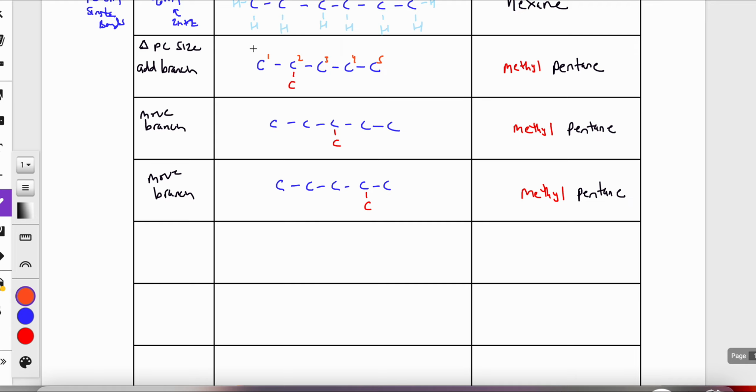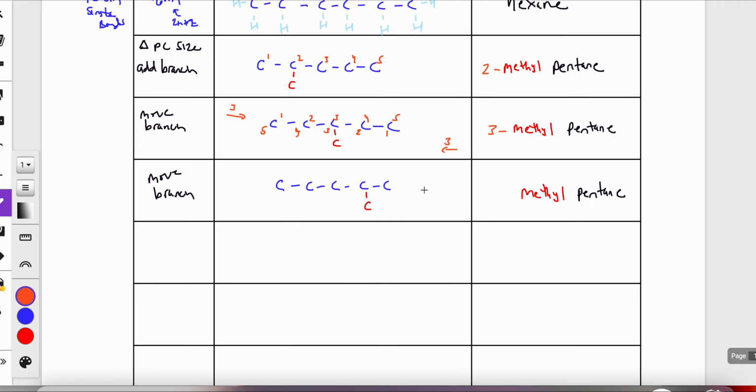This is definitely closer to the left side, so I know that this is 2-methyl. When I look at the next one, I can see that carbon is halfway between. In this direction it's 3, but I'm going to look at it again in this direction. Whether I look at it from the left or the right, it's on the 3rd carbon in the parent chain. So this is 3-methyl.